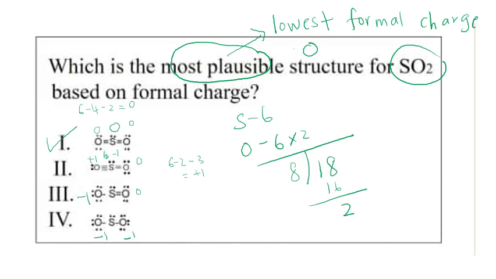And then for sulfur in option 3 it will be 6 minus 2 minus 3, so +1. For sulfur in option 4, 6 minus 2 minus 2, so +2. So it is very obvious. The correct answer is option 1.